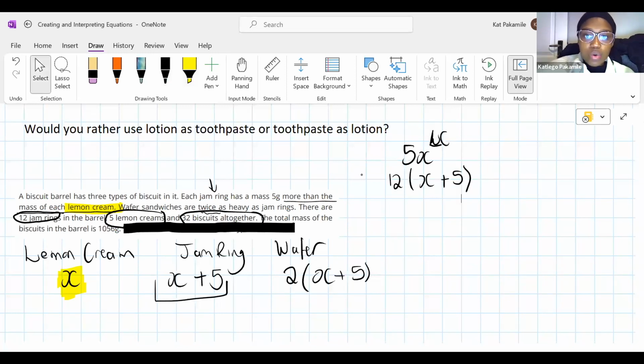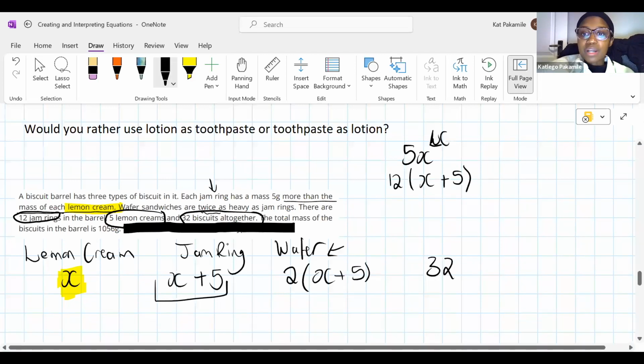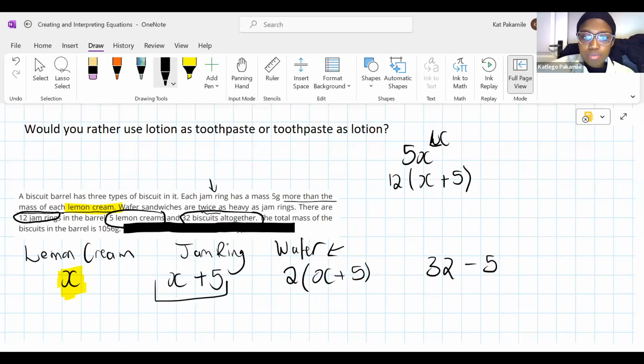That means we need to figure out how many wafers we have. 5 of them are lemon creams and 12 of them are jam rings. How many of them are wafers? We have 32 cookies in total, 5 of them are lemon cream, 12 of them are jam rings. So what is left? The ones that are left have to be wafers, guys.